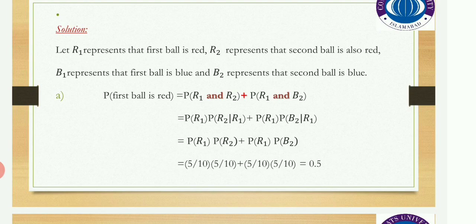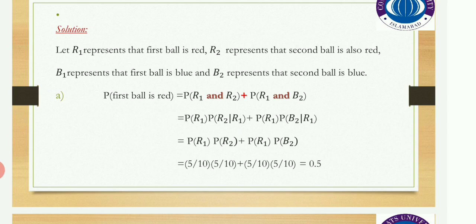probability of B2. As we know that there are a total of 5 red balls and 5 blue balls in a bag, so we have a total of 10 balls. By applying the definition of probability of an event, we have number of favorable outcomes divided by total number of outcomes, which would be equal to 5 by 10.